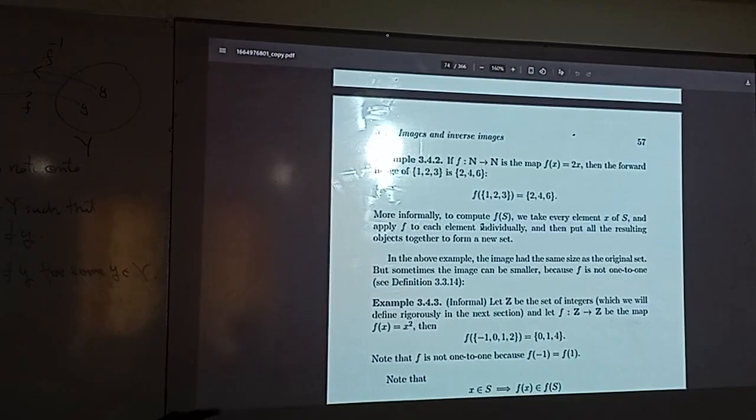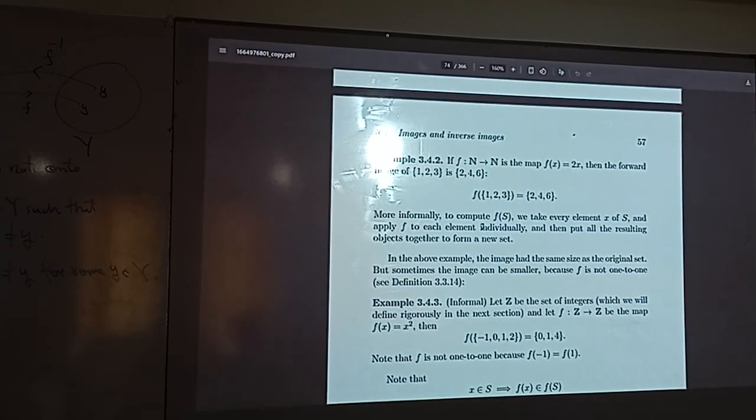Since f(x) equals x squared, the images of minus 1 and plus 1 are both equal to 1. f of 2 is 4, f of 0 is 0. So here this side has 4, that side has less than 4, 3. f(S) cannot have a number of elements more than S; the number of elements is less than or equal to this.